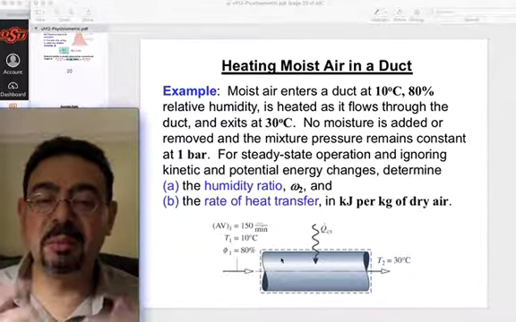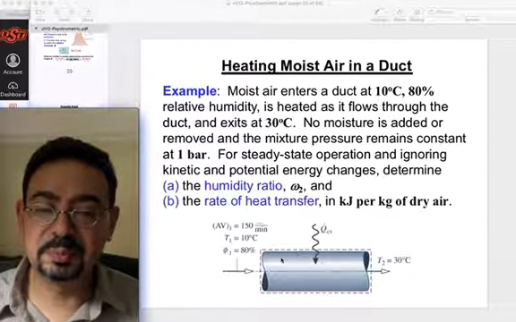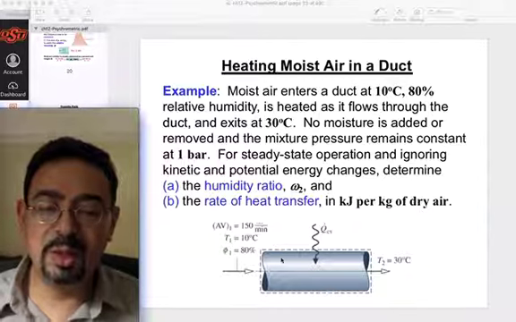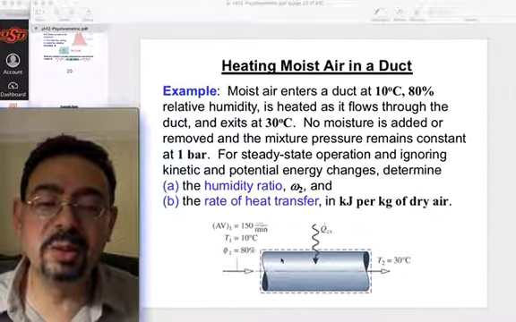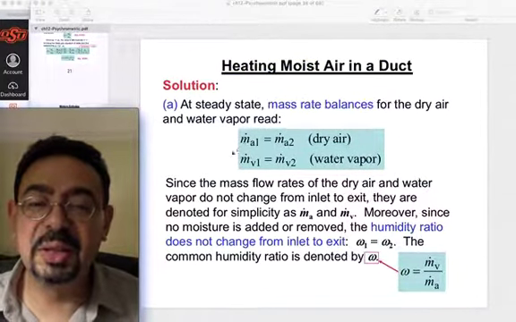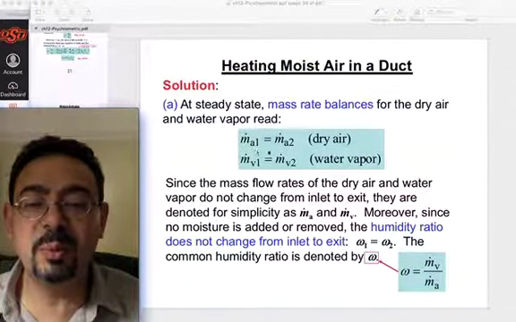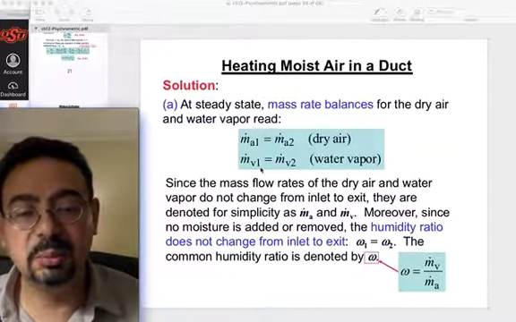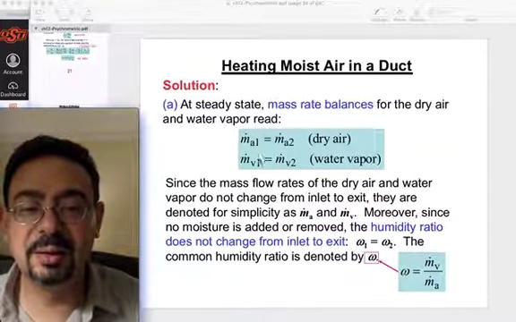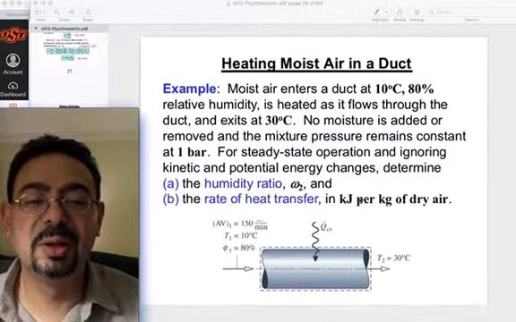The water vapor will not become dry air, and the dry air will not become water vapor. They are two different species with two different masses. So here is the continuity equation for the dry air: m dot air 1 equals m dot air 2. Steady state, right? m dot vapor 1 equals m dot vapor 2.